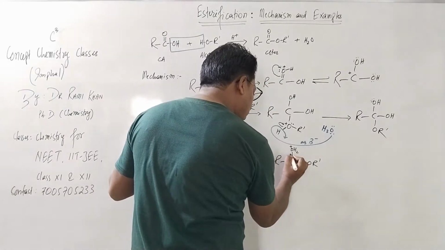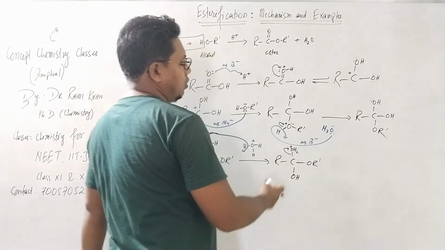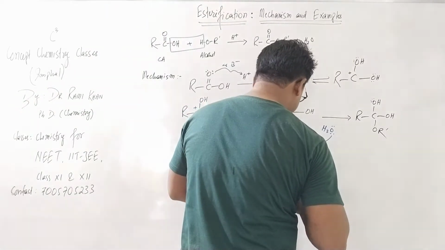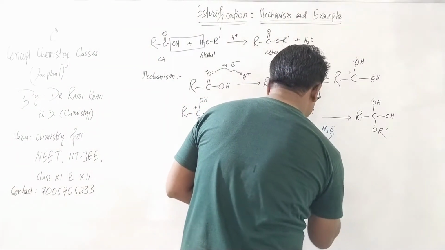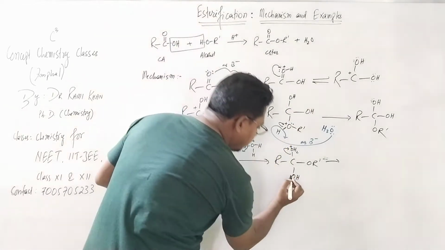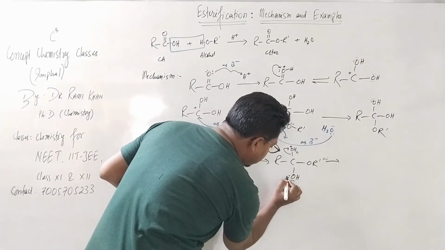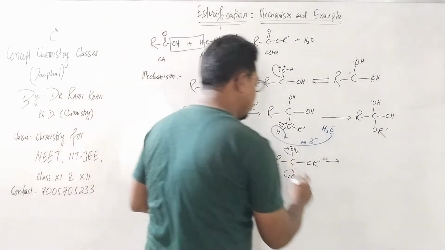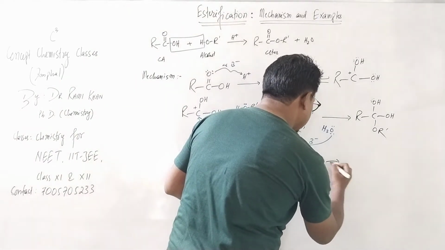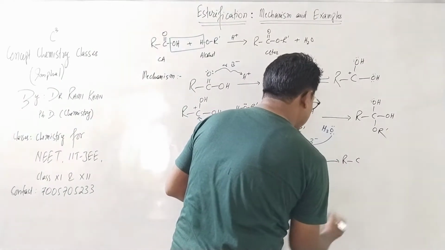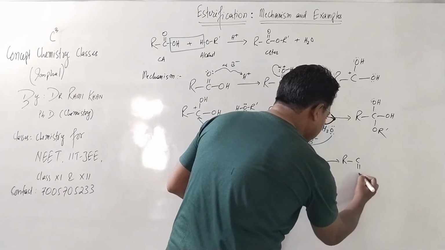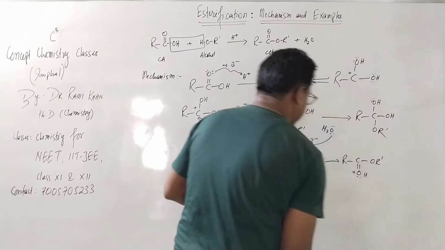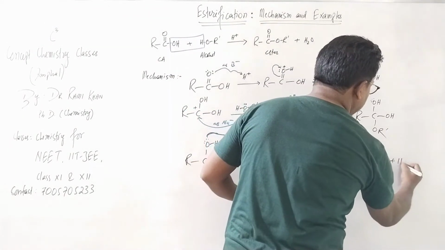Now this bond is broken and a water molecule will be removed, right? So this carbon will carry a positive charge. From this oxygen, two electrons will come here to stabilize this carbocation. So we will get R, C, this will be our OH plus lone pair, and this is our OR dash. So water goes out like this.